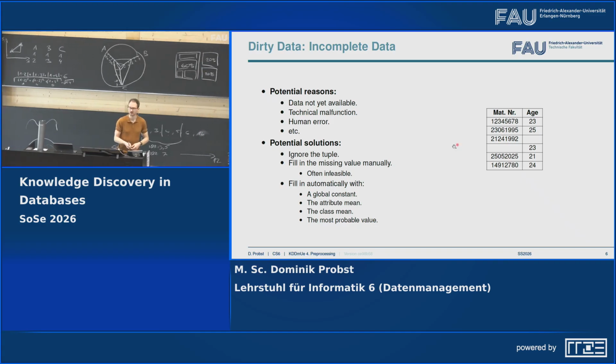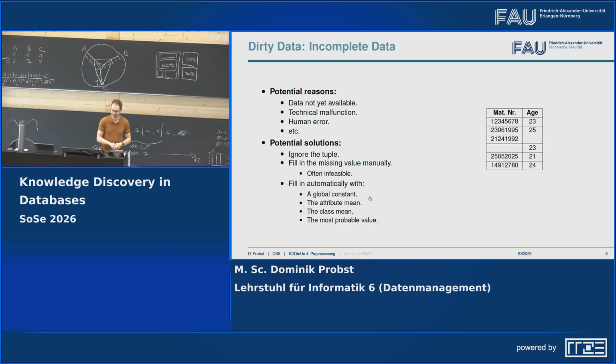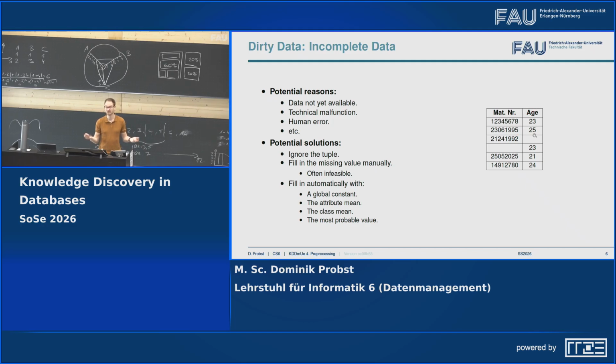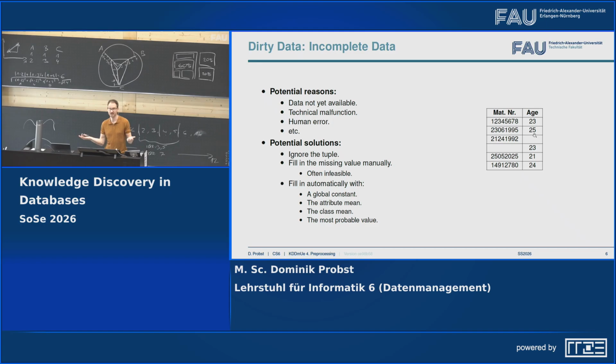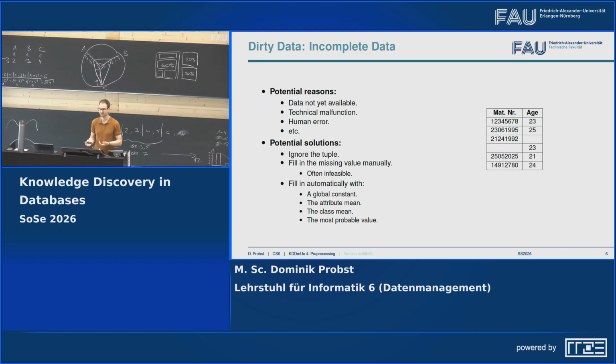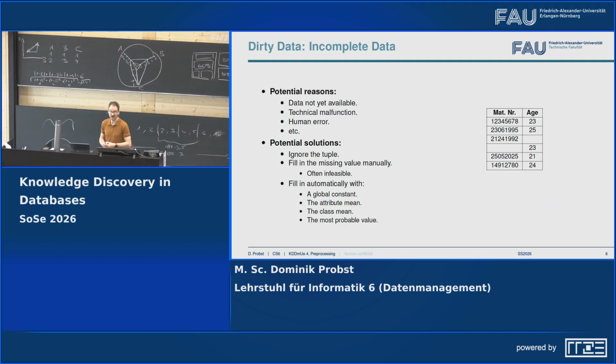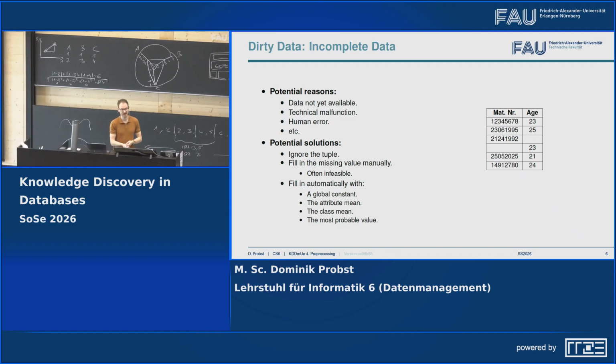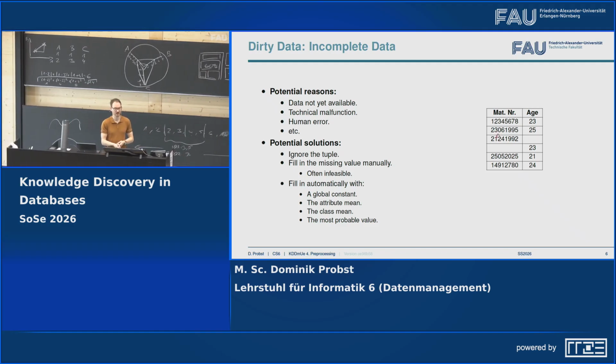Or we can fill it out automatically with a global constant. In this case, that wouldn't be very helpful. We can, for example, use the mean. However, we risk that we are somewhat modifying our results, making them bad by filling out the age of this matriculation number with the mean.